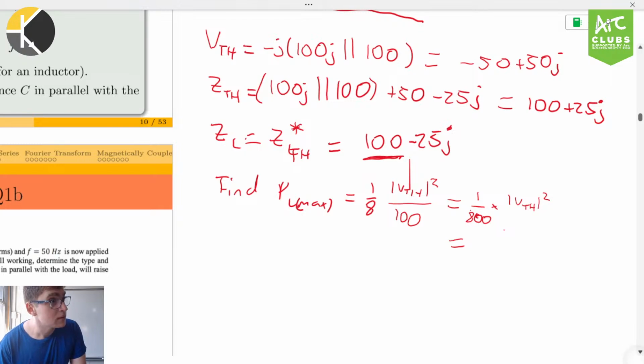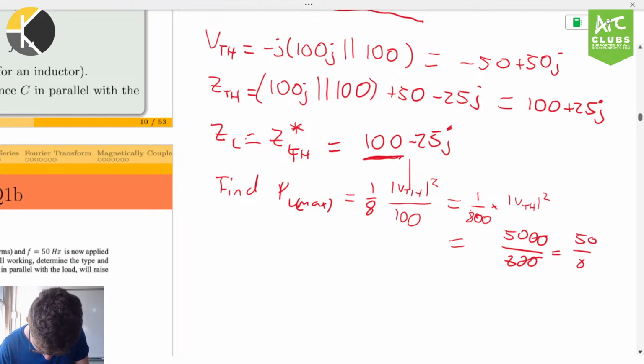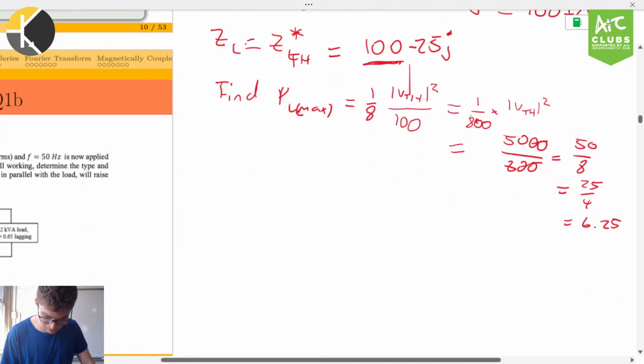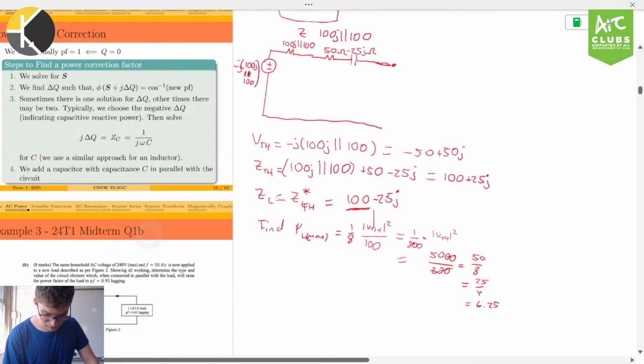Yep, 5,000. V Thevenin magnitude squared. Okay, yeah. So that's 5,000 over 800, which is equal to 50 divided by 8. And we can put that in, divided by 4, which is, what, is it 6.125? 6.25. Okay, there we go. Good, just falls out.